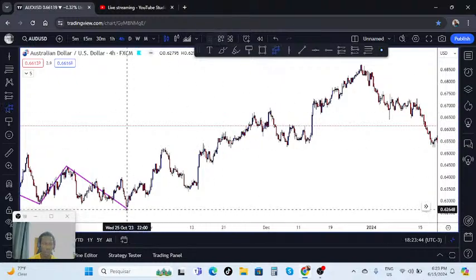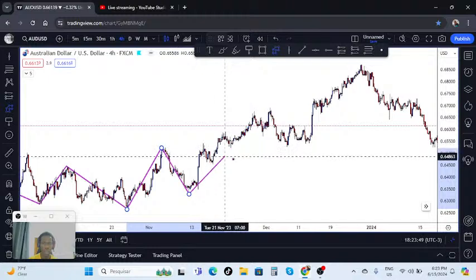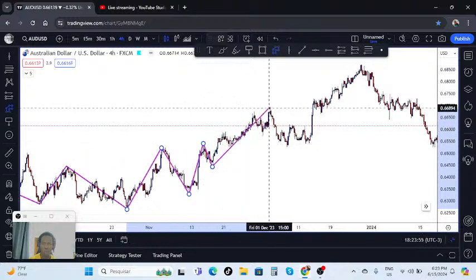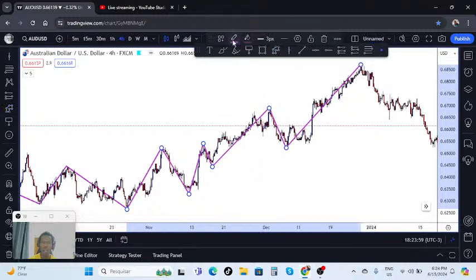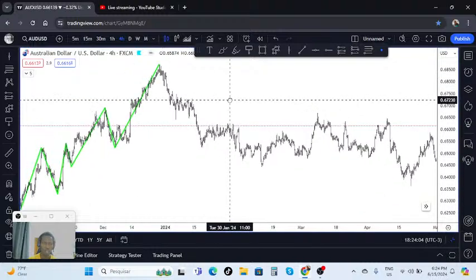We have market structure, extension, retracement, a short one here, retracement is here, and we have this guy here, and then all the way here. Right, then the market changed again.